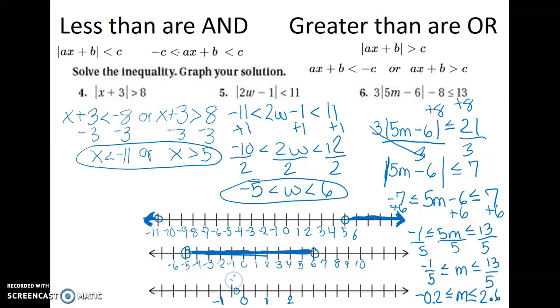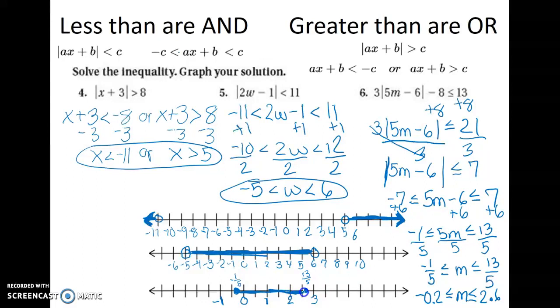Some people like to write the number above it. And then we have 13/5, which is the same as 2.6, and just about there. Now for both of these, I'm going to have a closed circle because it is the or equal to. And then I have to shade inside.